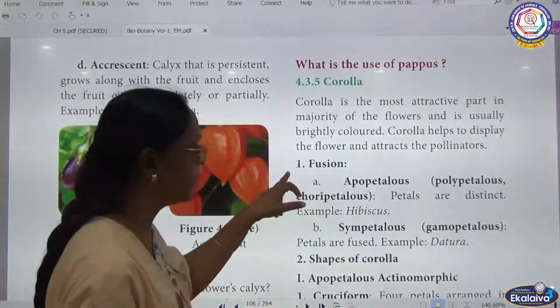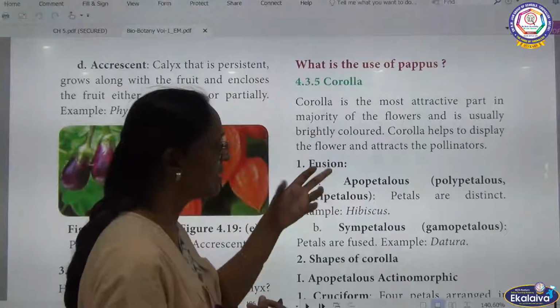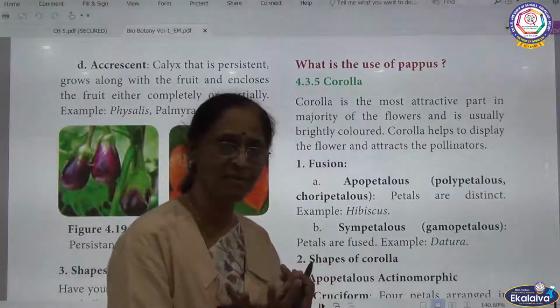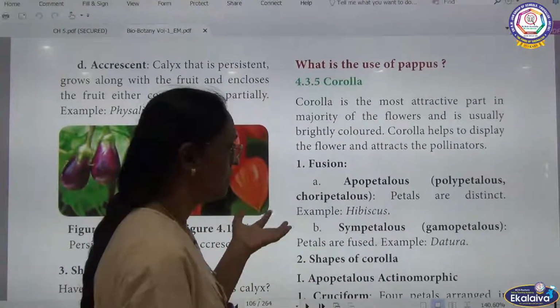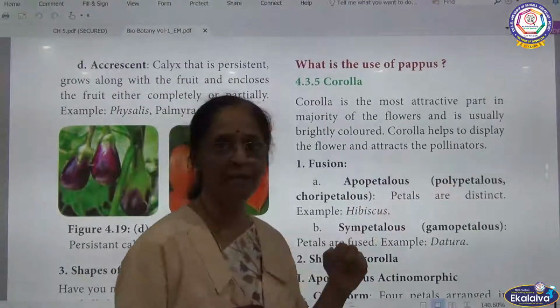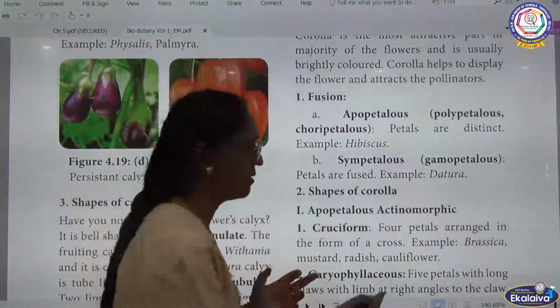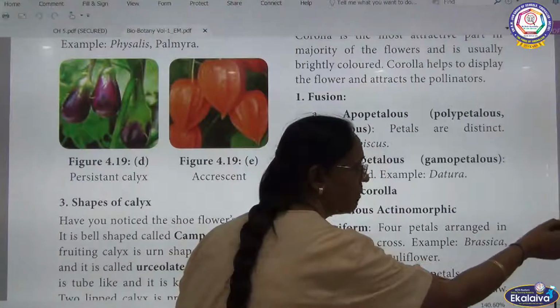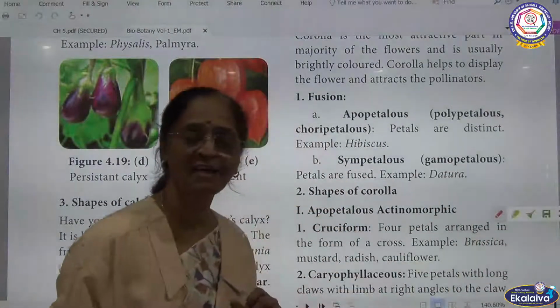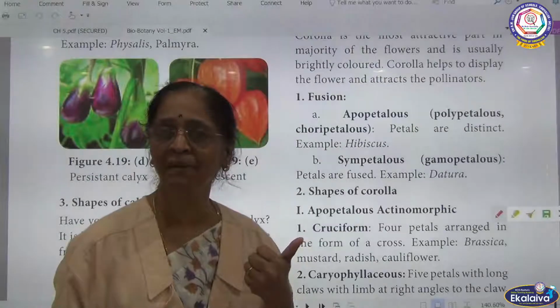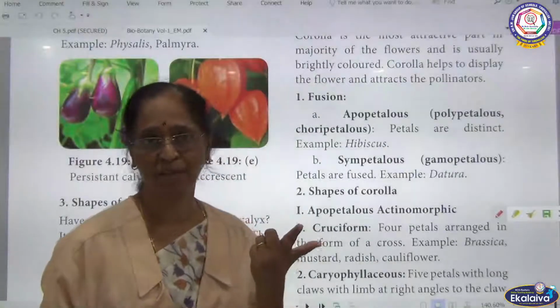Now, again here, the petals may be distinct, they are free, which you call polypetalous. In sepals we said that it may be polysepalous or gamosepalous.